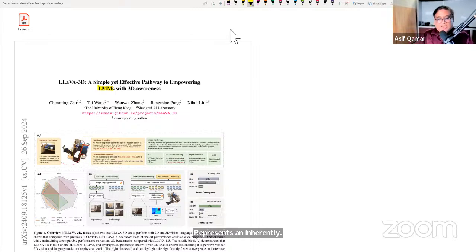And the question is, how do you empower an LLM with that 3D awareness? That is the question. And what they are suggesting is they have a model, LLaVA-3D, a simple yet effective pathway to empowering LMM with 3D awareness.